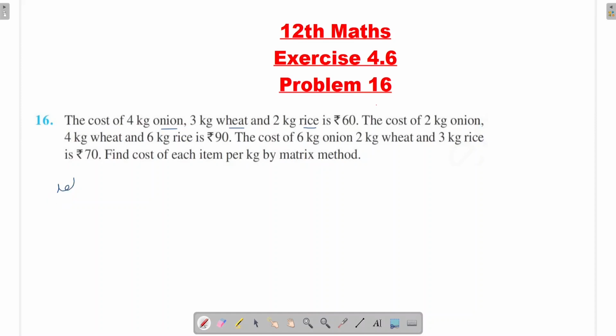Let rupees x be the price of 1 kg onion.